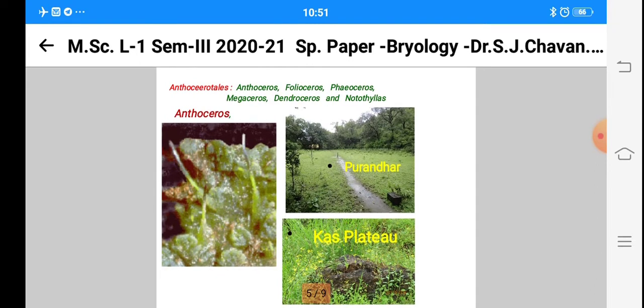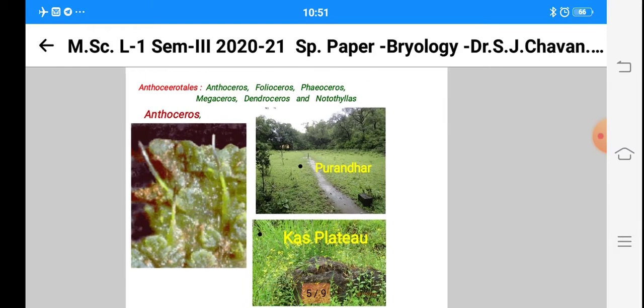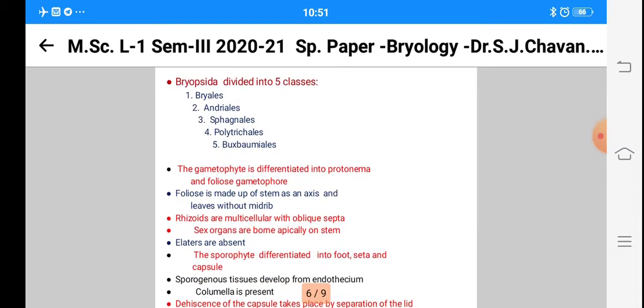So it is for the Anthocerotales. Bryopsida is divided into five classes: Bryales, Andreaeales, Sphagnales, Polytrichales, and Buxbaumiales. You have to remember the proper names of these.